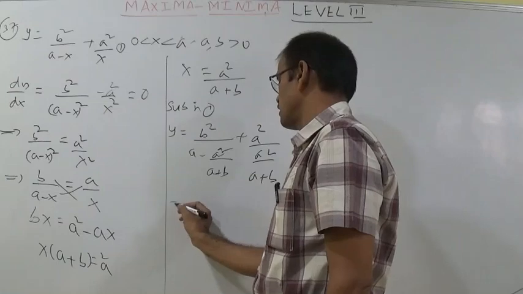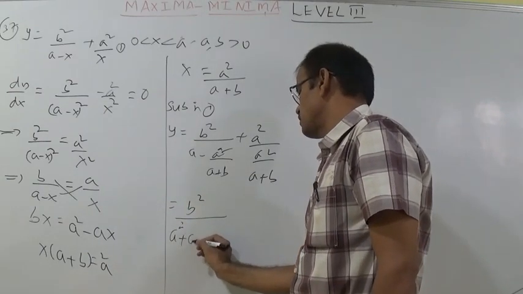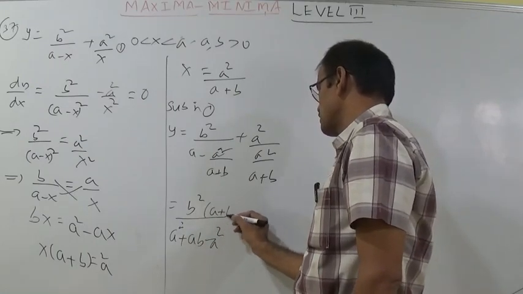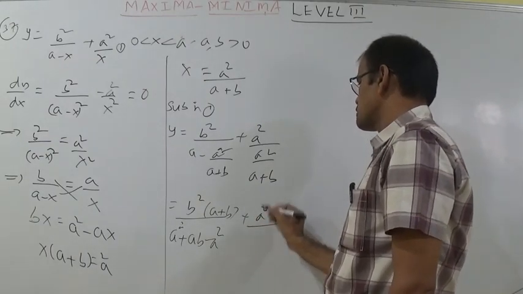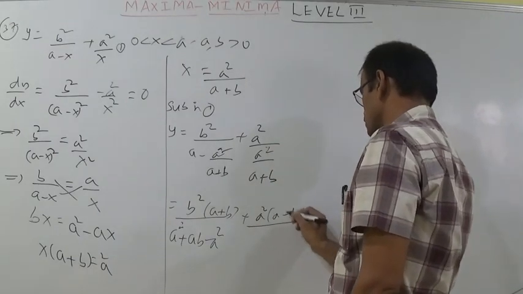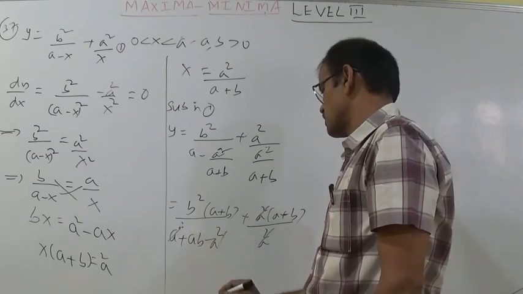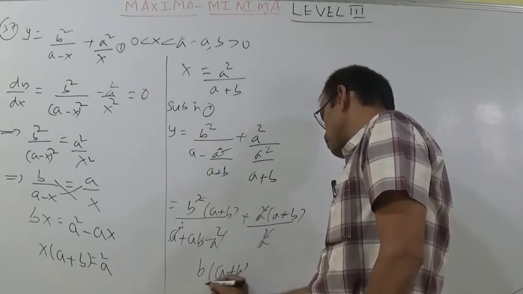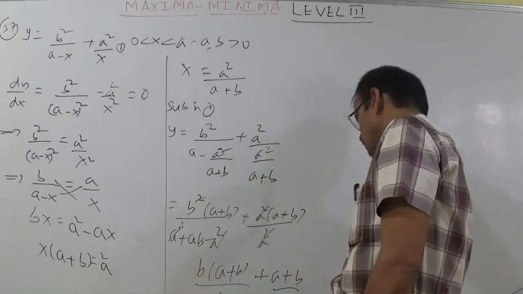Instead of x, I had written here b square by (a square plus ab minus a square) into (a plus b) taken to this side, plus a square by this. This is a square plus a square into (a plus b) taken into numerator. Here the denominator a square gets cancelled, a square gets cancelled. Here b square gets cancelled. b into (a plus b) by a, plus b by 1.